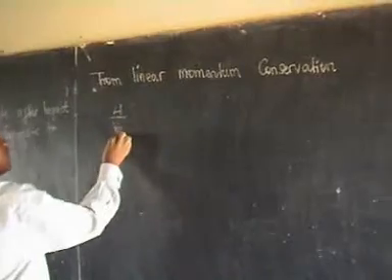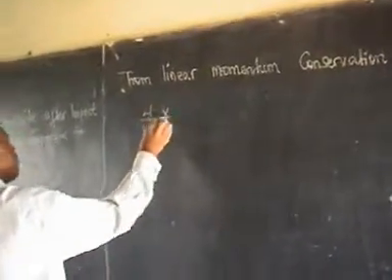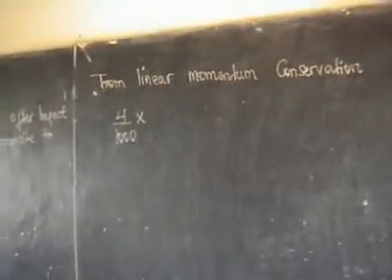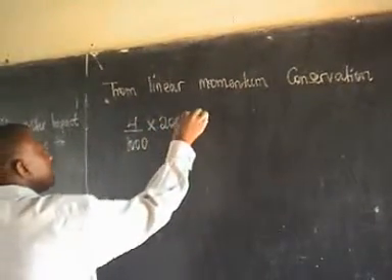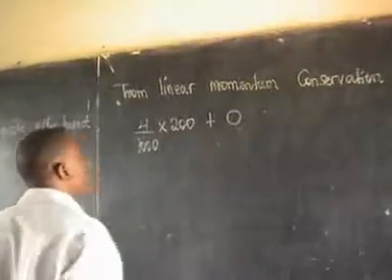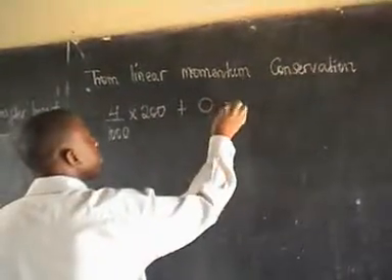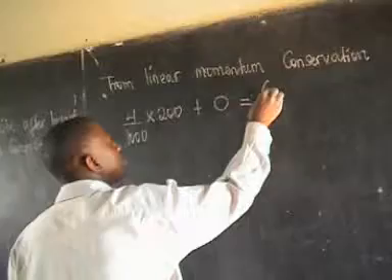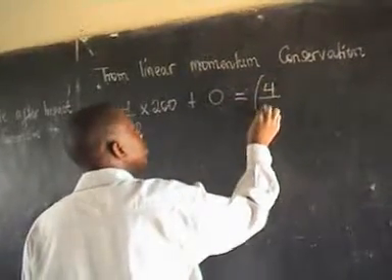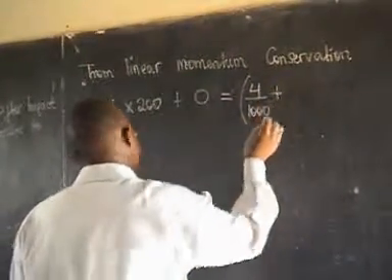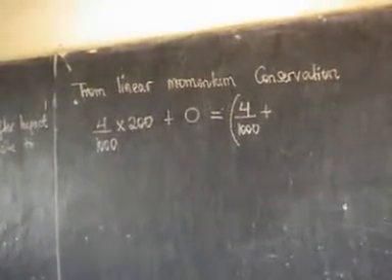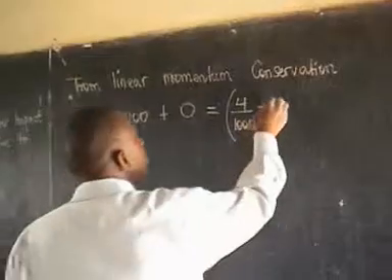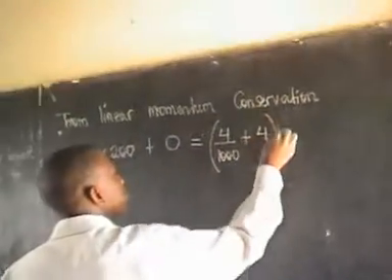So this would be the mass times the velocity with which it is moving, 200 meters per second, plus 0, since the other block was at rest, will equal the mass of the composite, plus that of the wooden block given as 4 kilograms, times v.